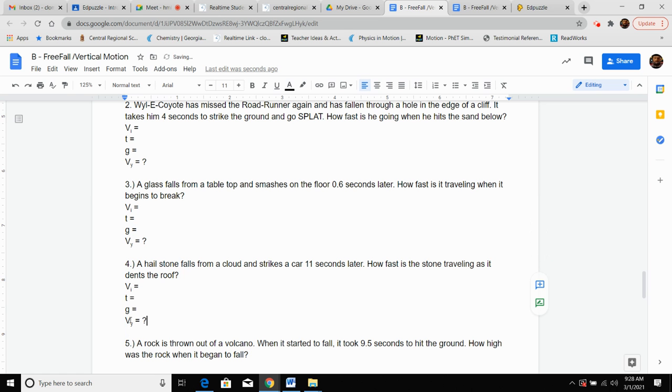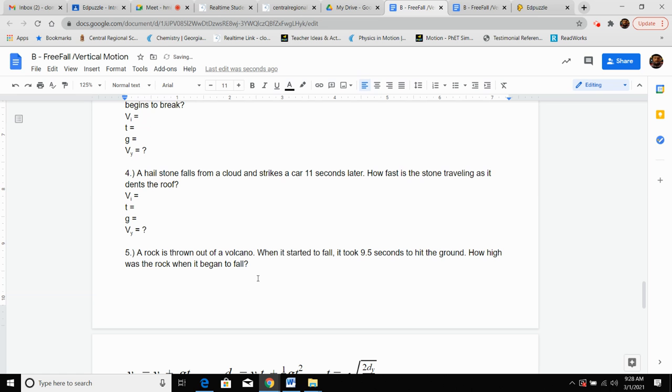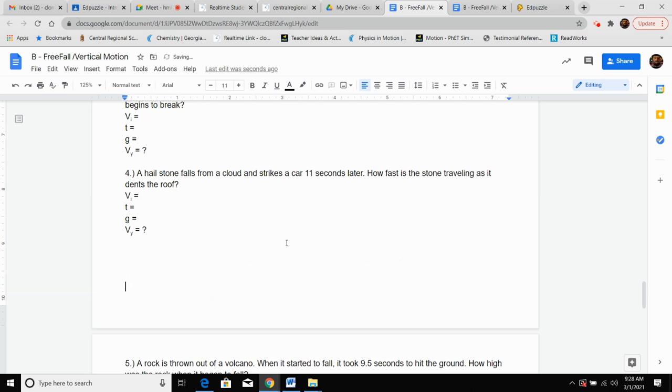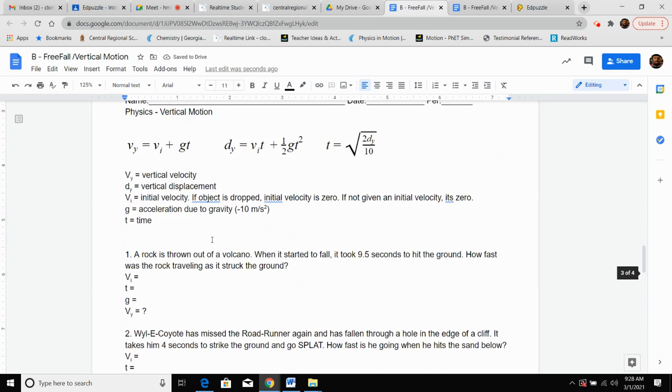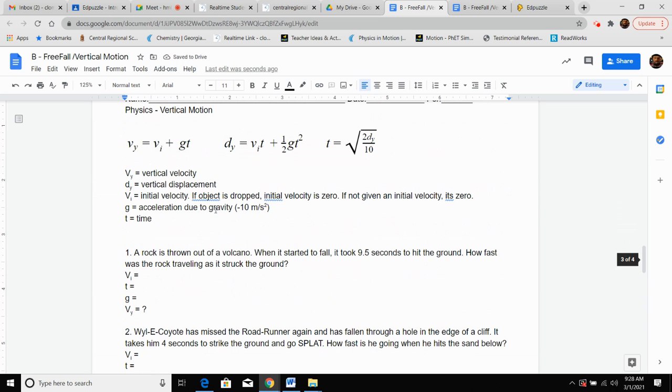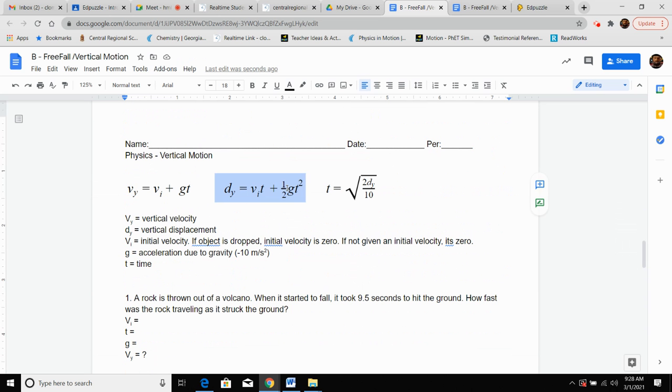Now, number 5, though, asks, when it started to fall, it took 9.5 seconds to hit the ground. How high was the rock when it began to fall? When they wanted how high up, that would be this guy here, your vertical displacement slash height.